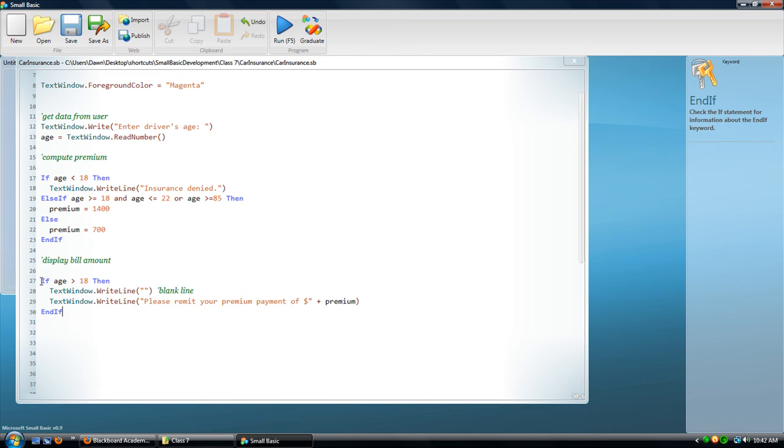Why did we say if they're over 18? Well, if they were under 18, they got the message from the get-go, insurance denied. So we're not going to say insurance denied, please remit your payment of $0. That wouldn't make sense. So as long as they pass that test of being 18 or over, that should say greater than or equal to 18, they will get the message asking them to remit the payment.